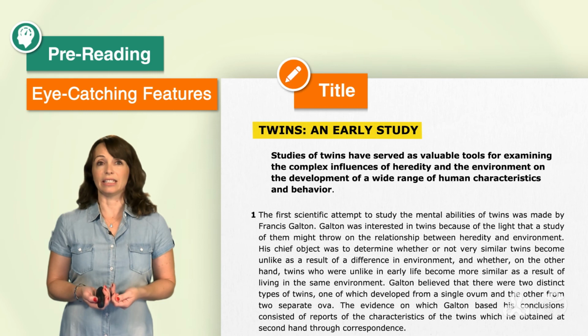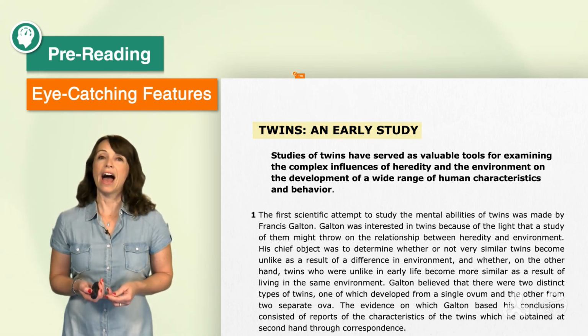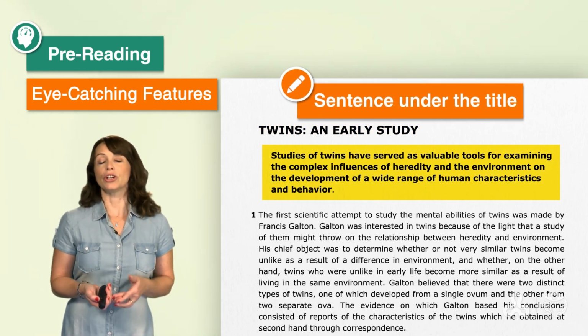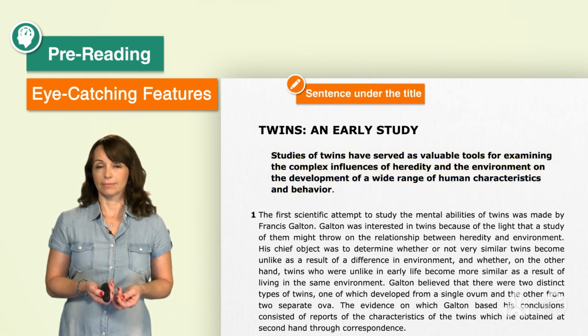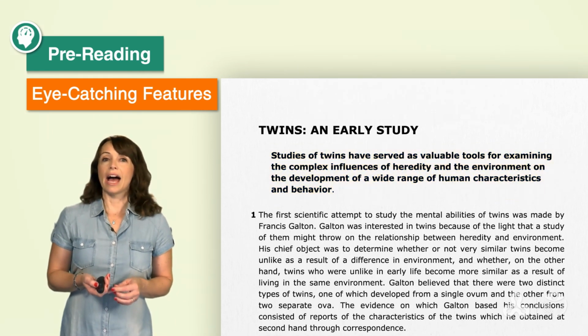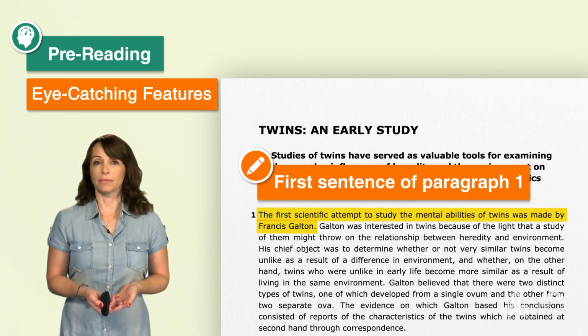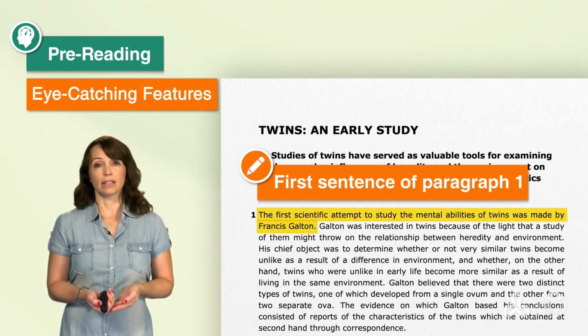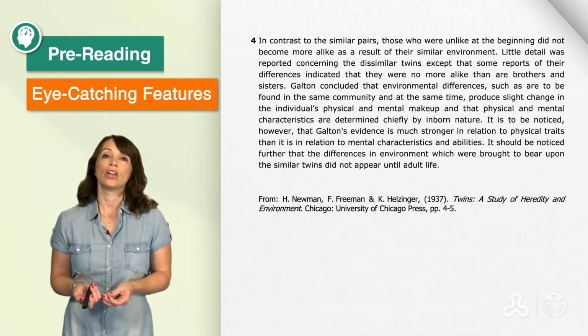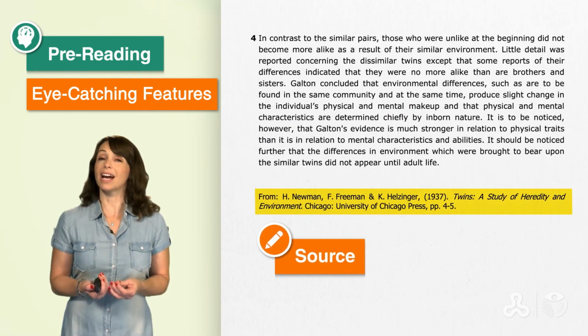So we have the title here. We have the sentence under the title. We're going to look at the first sentence of the text, okay, in this specific case. And we also have the source, okay, where the text comes from.